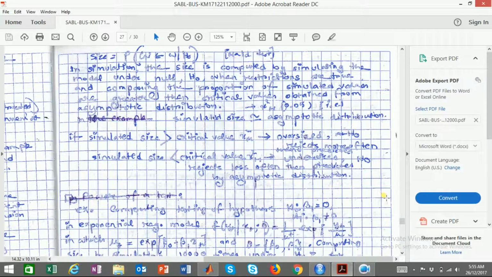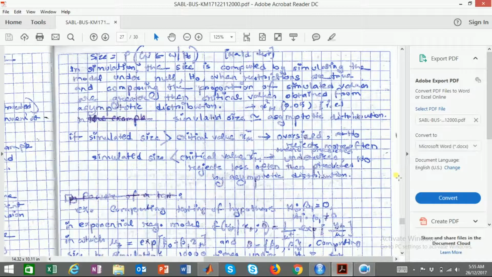If the simulated size is less, it is undersized. In the case of undersize, the null rejects less often than predicted by the asymptotic distribution. In the case of oversize, the null rejects more often. We compare the simulated value to the critical value, and this allows us to understand if our simulation is oversized or undersized.